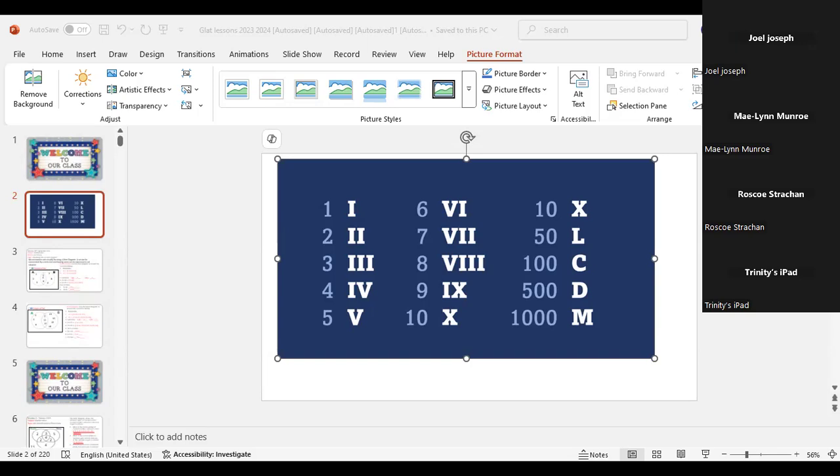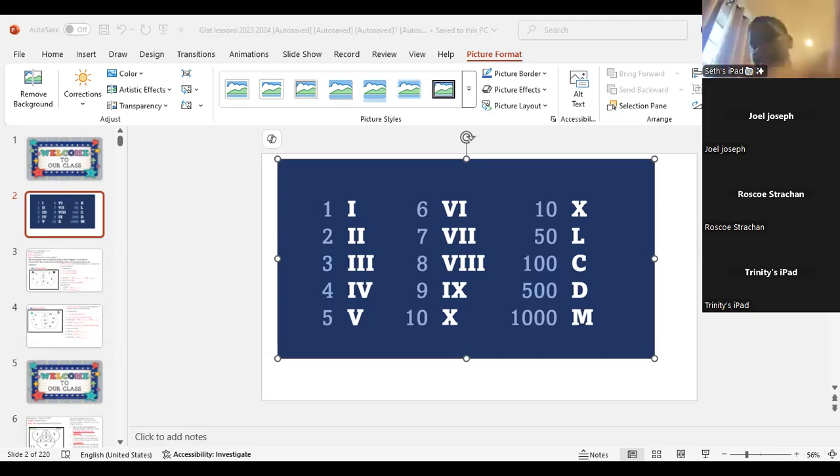Malin Monroe, what's your SMART score? 74. And Roscoe, what's your SMART score? Roscoe, can you hear me? What's your SMART score?